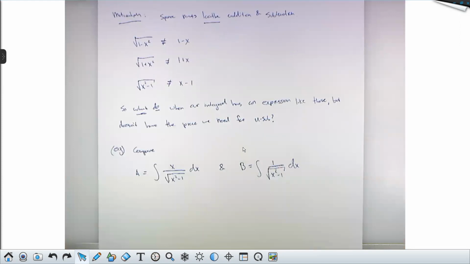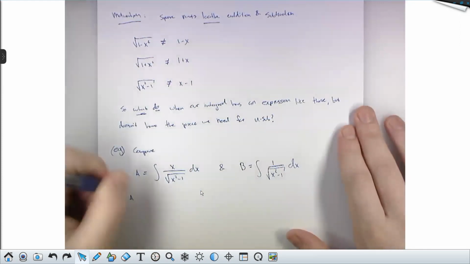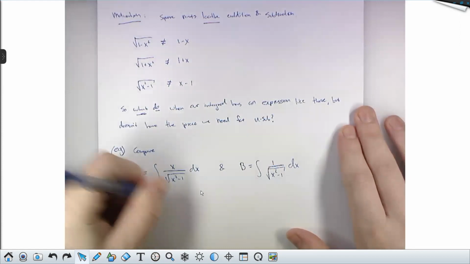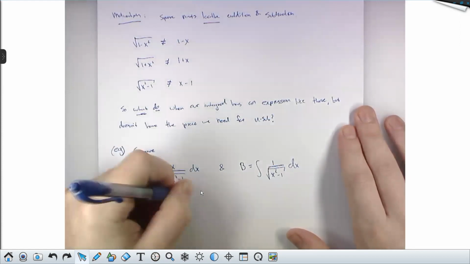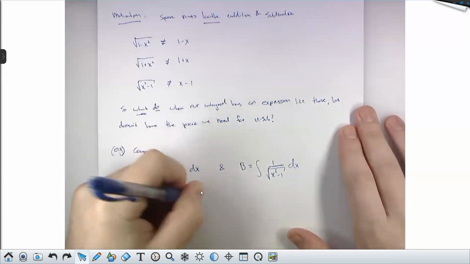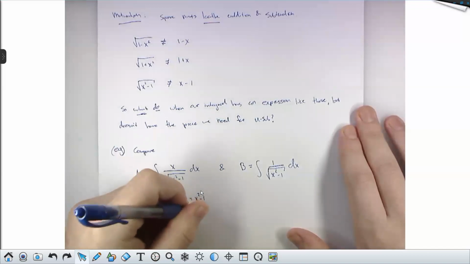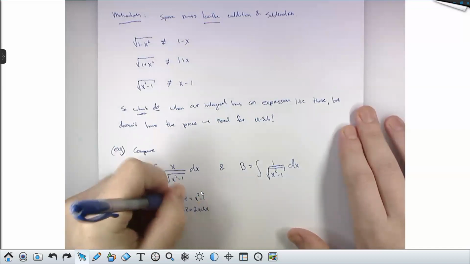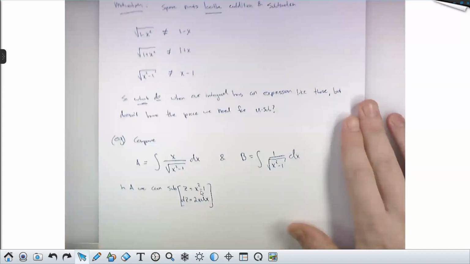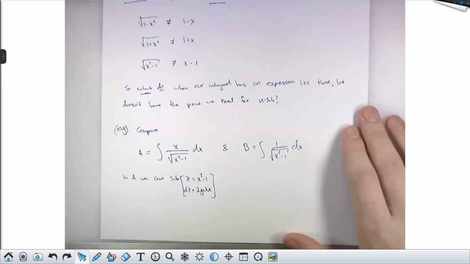The integral A we can do pretty easily. This fellow, we can u sub our way through. Because of that x upstairs, if I make this substitution, the differential dz is 2x dx.